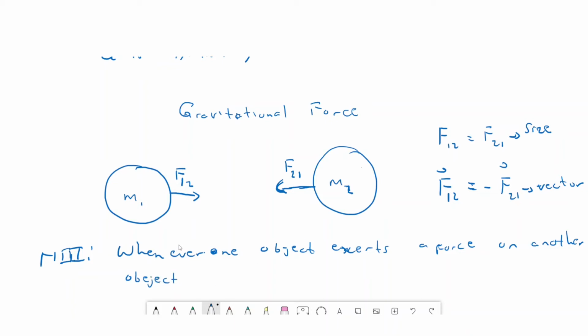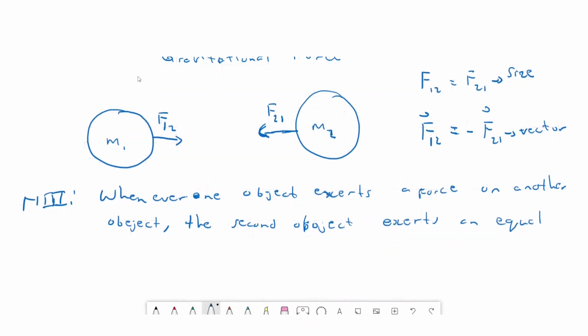Let's call this object A, exerts a force on another object, the second object is object B. What happens? The second object exerts an equal but opposite force.